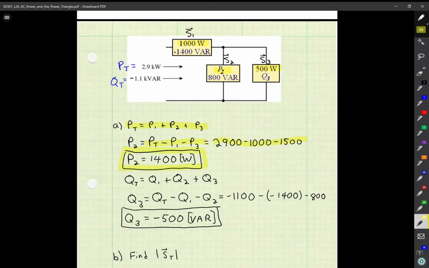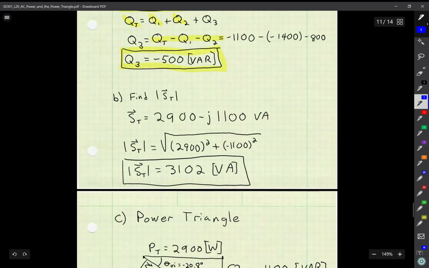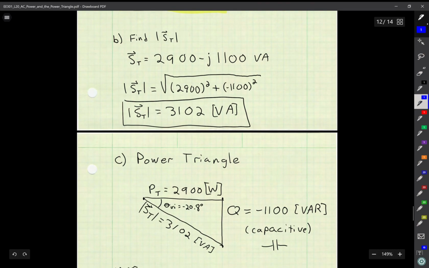Likewise, I'm going to do the same thing for QT. I have the total, and I want to find Q3. I know what QT is, and I know what Q1 and Q2 are, so I'll find Q3 by algebra and determine that Q3 is equal to minus 500 vars. Now what does that mean? A negative Q of minus 500 vars would yield a power triangle, shown here, that has a negative angle, and Q is less than 0.